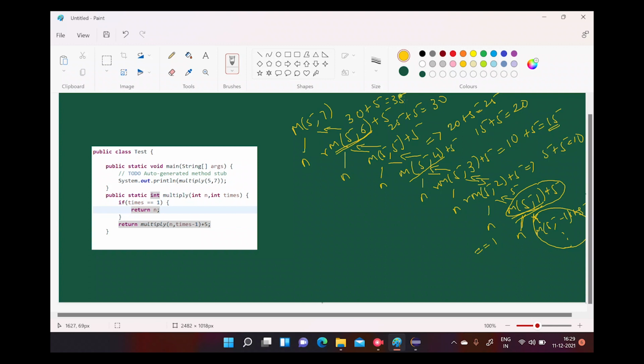I hope you've all understood how recursion works. So let's brief about recursion. First thing is, the function call should be made on a smaller value. That is, as we've shown here, if the value is times, it should be times minus 1. This is just an example; it can be a call of any sort.